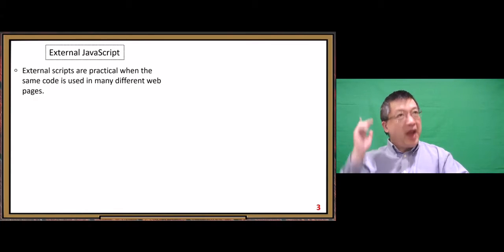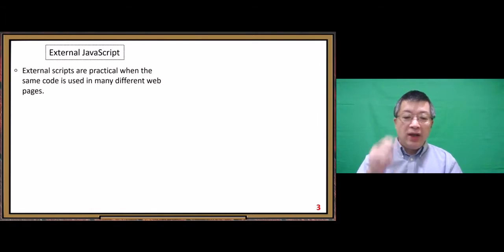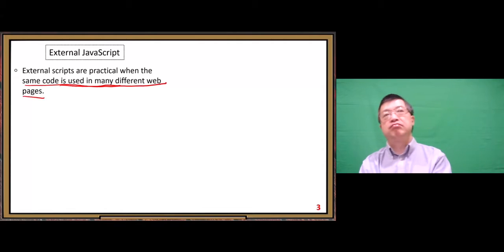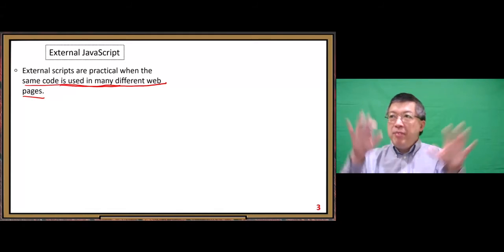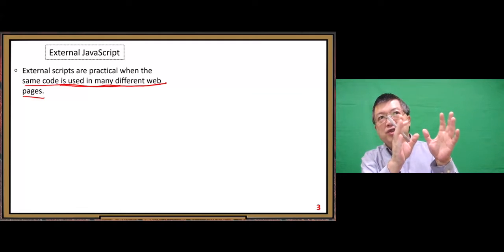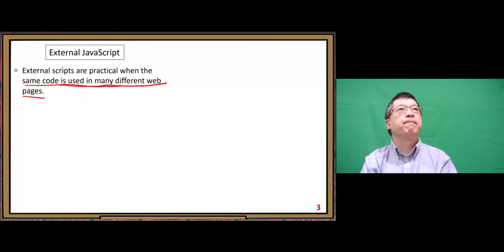The advantage of using external JavaScript is that the same code can be used in many different web pages. In one website, we have many web pages, and some of the JavaScript functions could be used by many different pages.